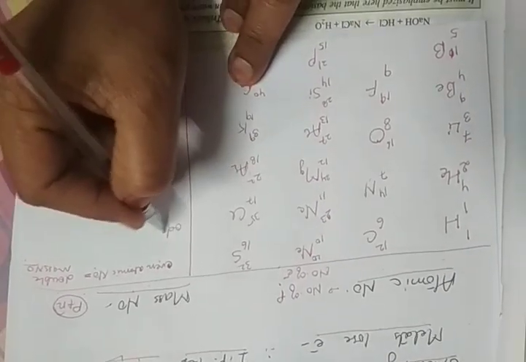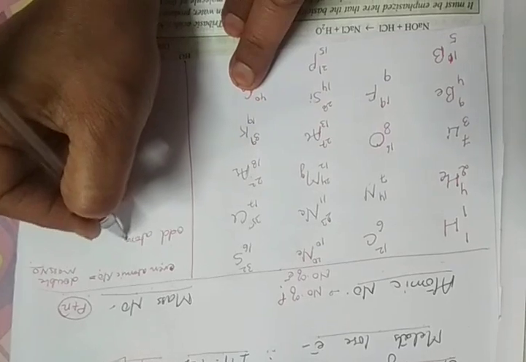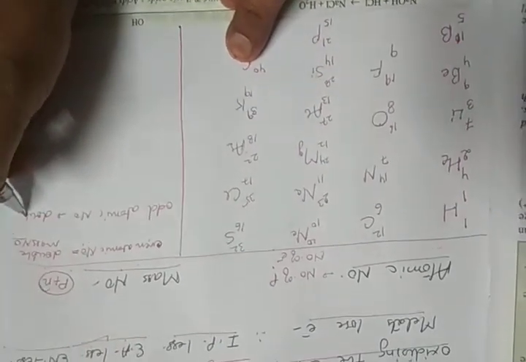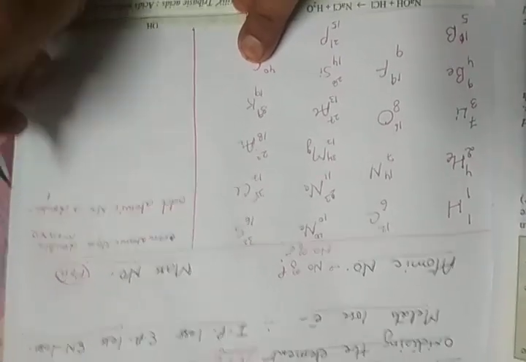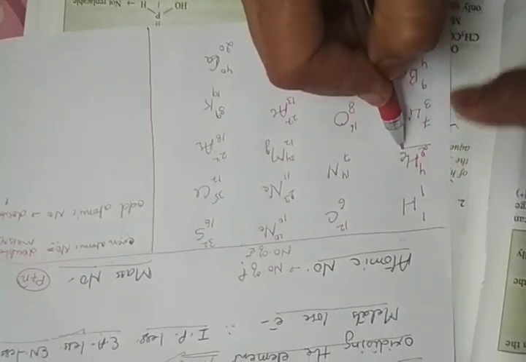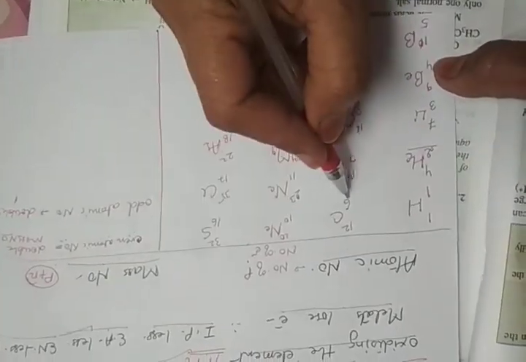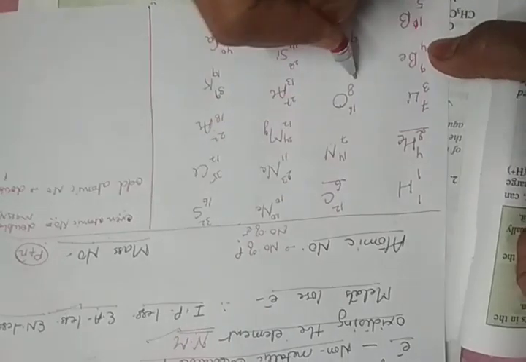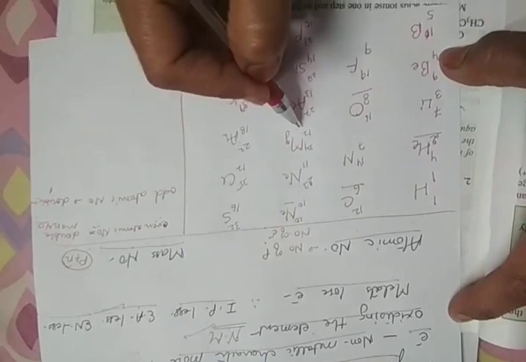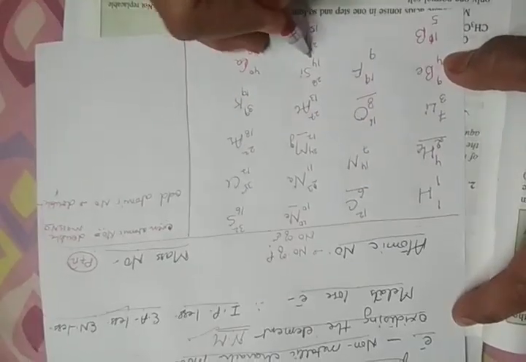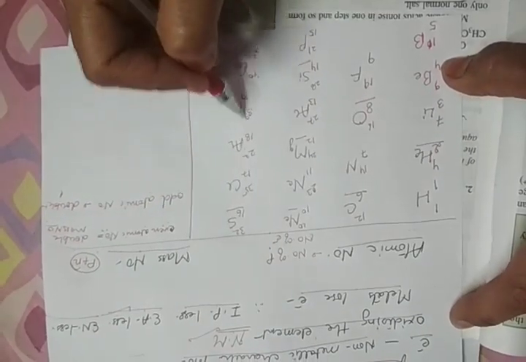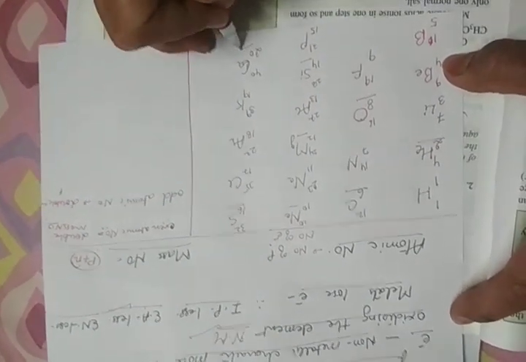And if there is an odd atomic number, then the mass number will be double plus 1. For example, even atomic numbers: helium 2, 4; carbon 6, 12; oxygen 8, 16; neon 10, 20; magnesium 12, 24; silicon 14, 28; sulfur 16, 32; then calcium 20, 40.